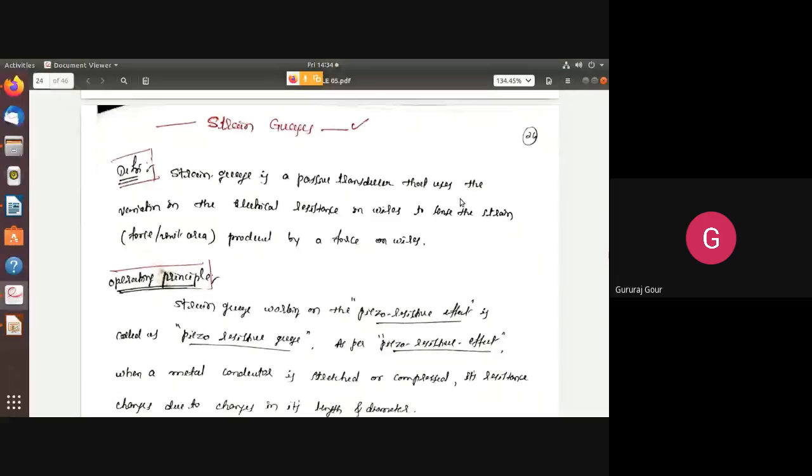What it will do is, the variations or changes in the electrical resistance of the wires are observed as a strain.